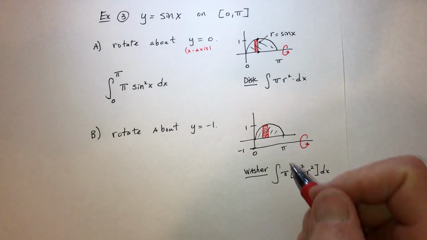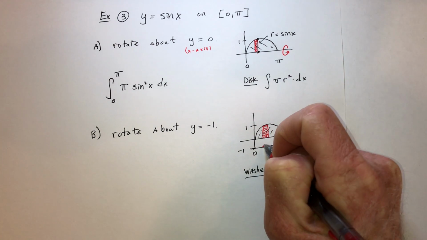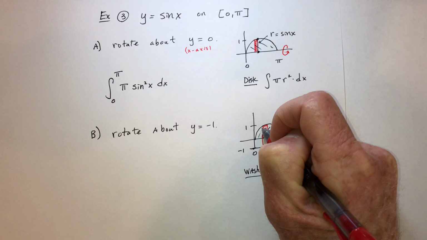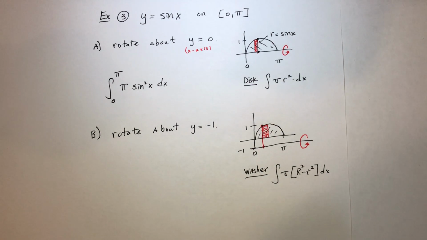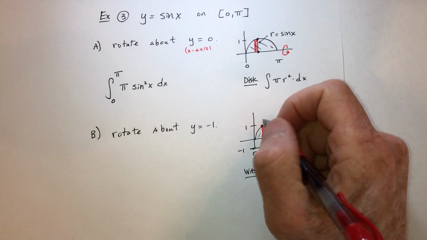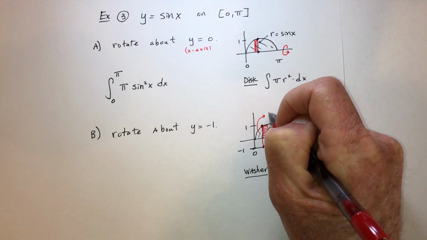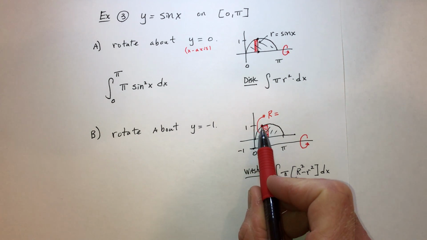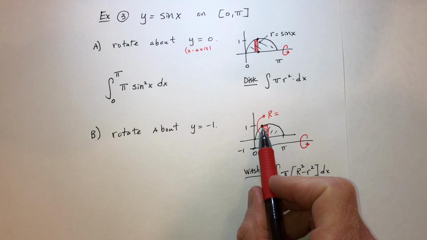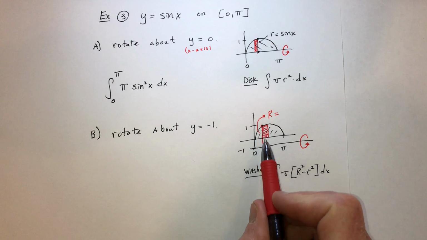So for the big radius, we need to go from the axis of rotation all the way up to the top of this, which is right there. So what's the length of this big R? Well, if you go from here to there, that's sine of x. That's how tall that rectangle is. It's sine of x.